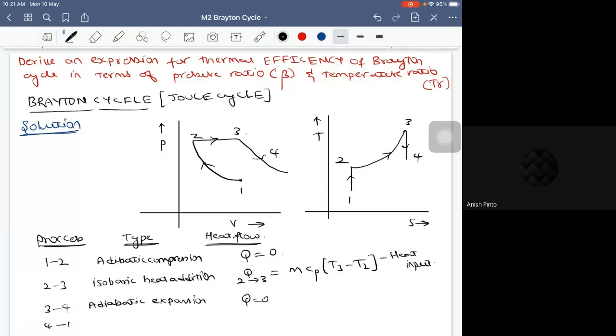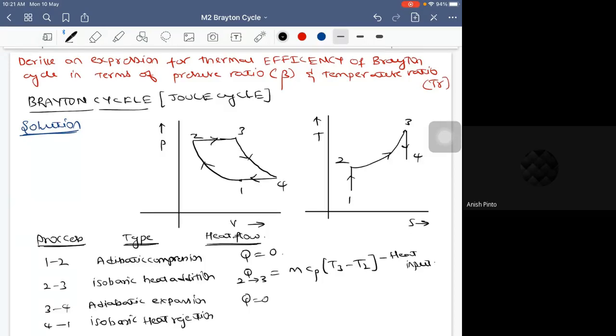Now, from 4 to 1, again it is isobaric heat rejection. So it's again a straight line like this. It looks something like this.